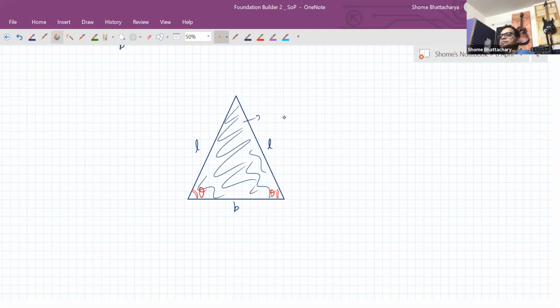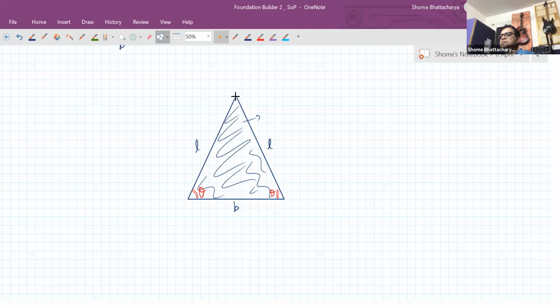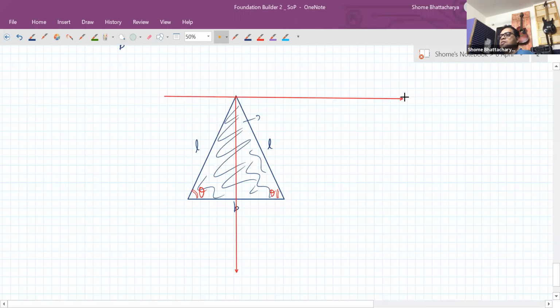So therefore, you can always take the direction of the axis as we please. So this angle is equal to this angle. This is equal to this. Okay. So this becomes a symmetry axis.